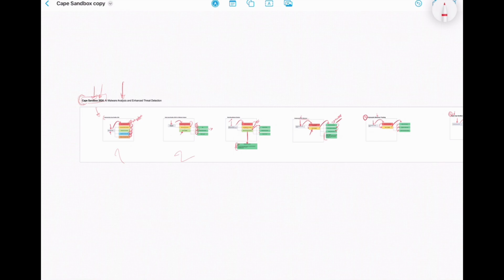So you need to follow those steps one by one, and then you can detect hidden behaviors, and based on those hidden behaviors you can adjust your defenses to evolving threats. And malware will continue to adapt, and CAPE Sandbox and other tools that I'm going to discuss in the next video will be increasingly critical in maintaining the cybersecurity posture.